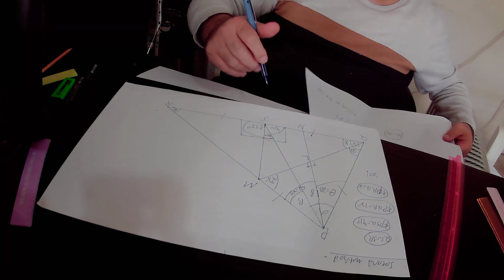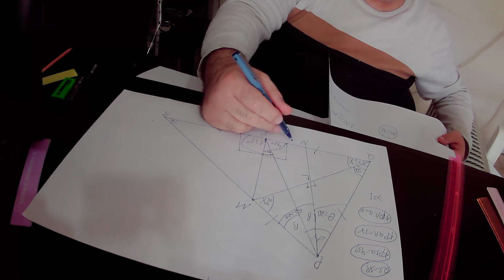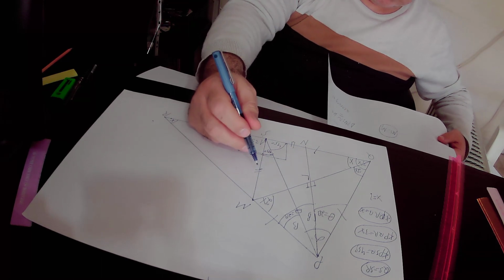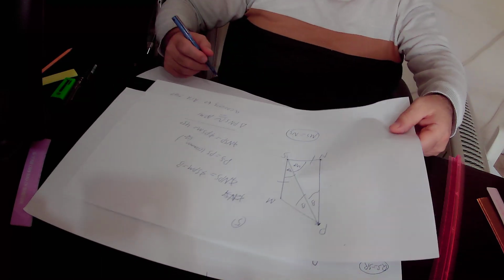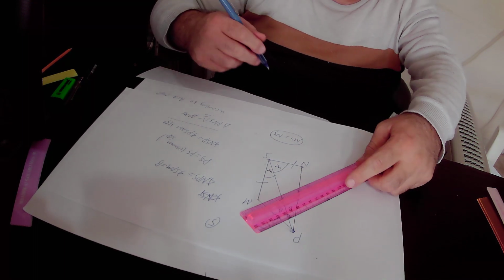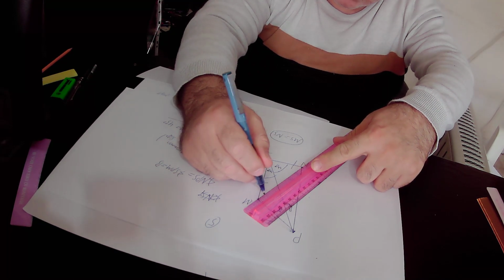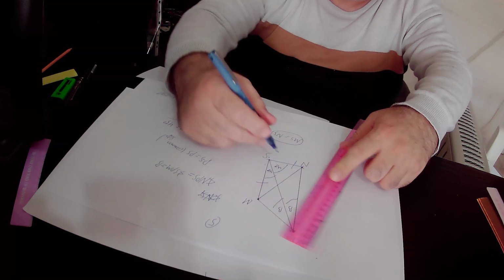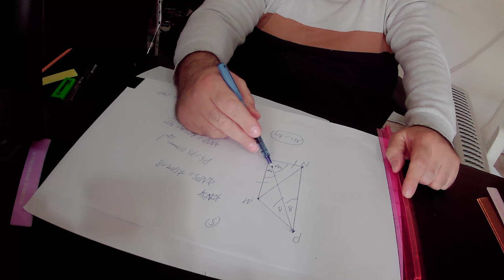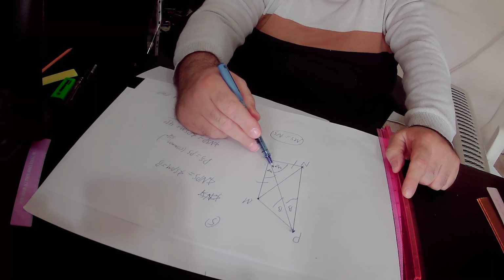So we can write here that NS equals MS. So we will join points M and N together by a straight line. Angle MSN is a right angle, it equals 90 degrees. Okay, this angle is 90 degrees.